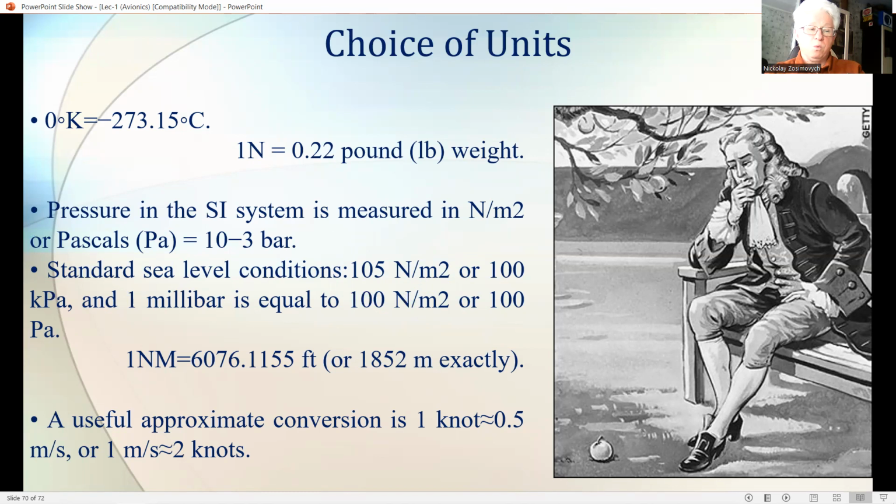Altitude is quoted in feet, as this is the unit used by the air traffic control authorities, and altimeters in the USA and the UK are calibrated in feet.